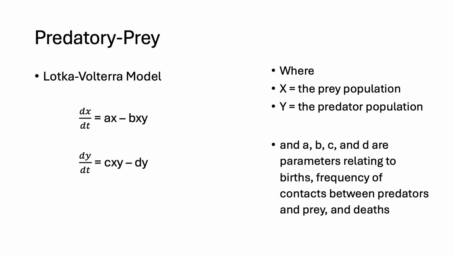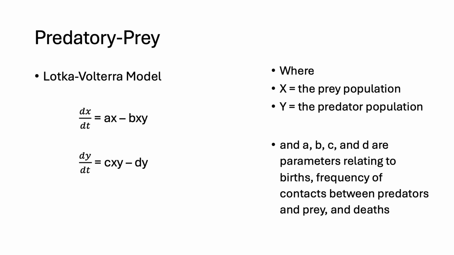And the reason I know this is that the CXY is an inflow, so it's the births, and the idea is that the births, predators are eating prey, and that is where the births are coming from.